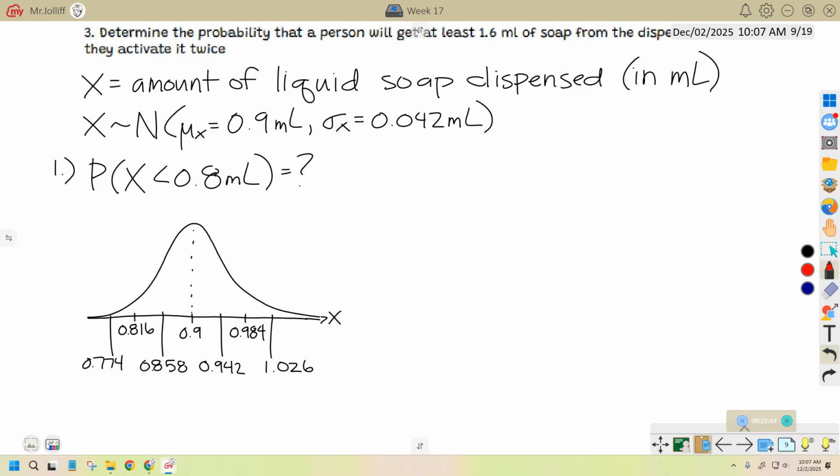So I want less than 0.8. 0.8 is way down here. Less than 0.816, more than 0.774. So I want this area in this tail. I am out past the second standard deviation marker.